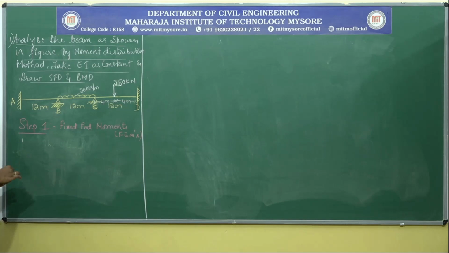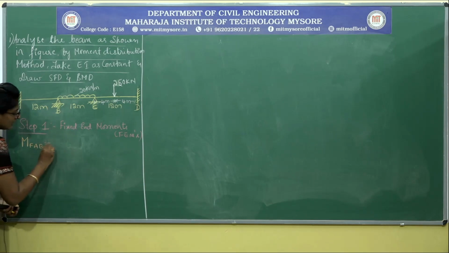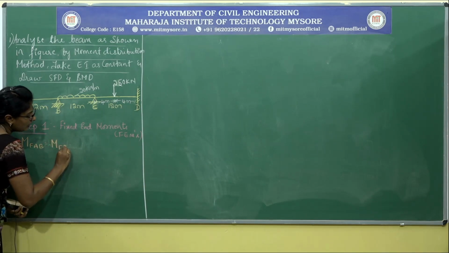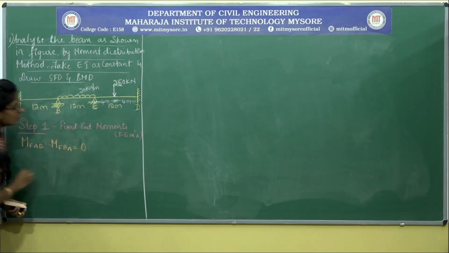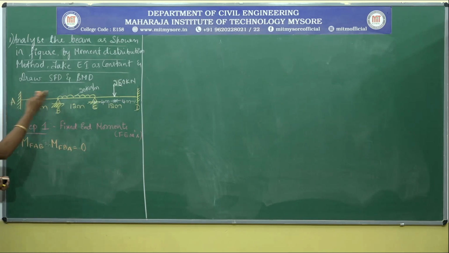So for the first span AB, MF AB is equal to MF BA is equal to 0, since there is no extra load acting on this span AB.